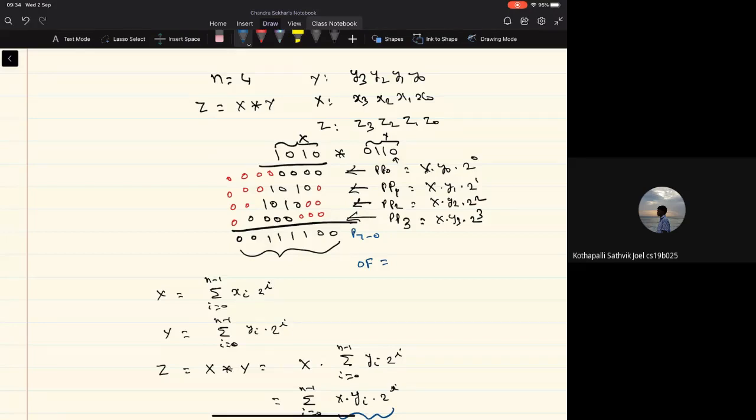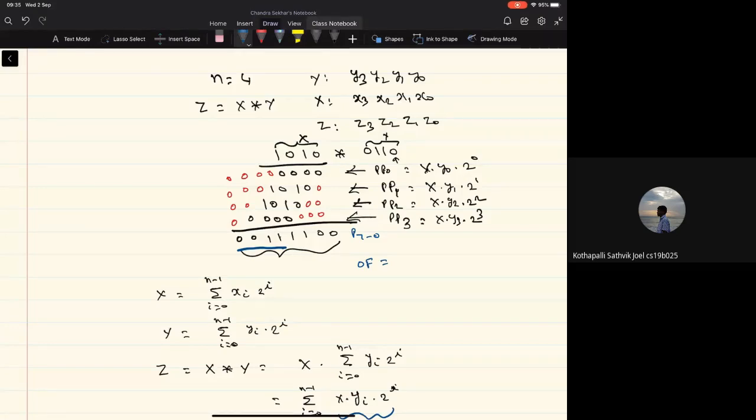What will happen to these 4 bits here? If the product is less than or equal to 15, only the least significant 4 bits will have ones, and all the higher order bits will be 0.